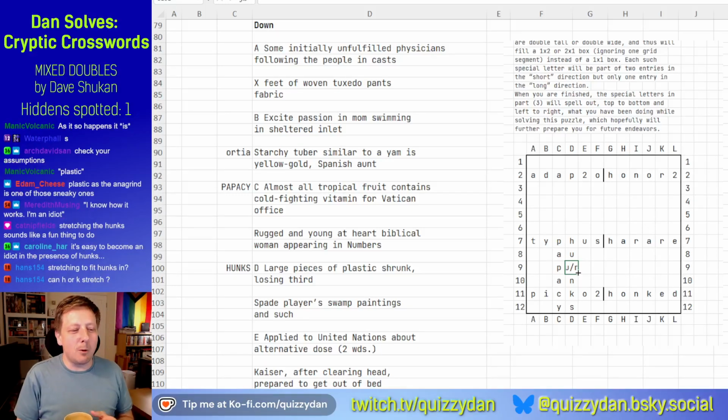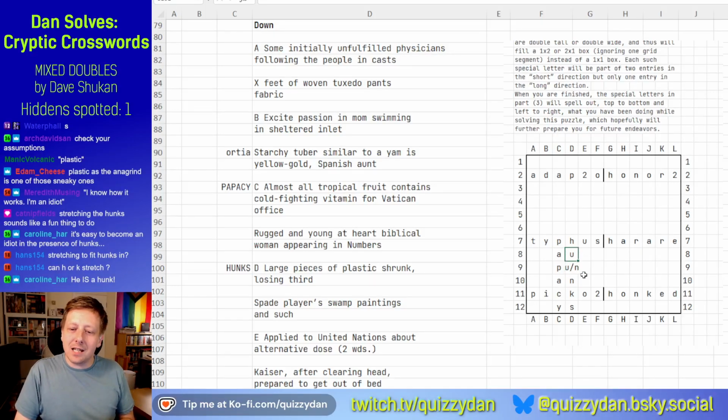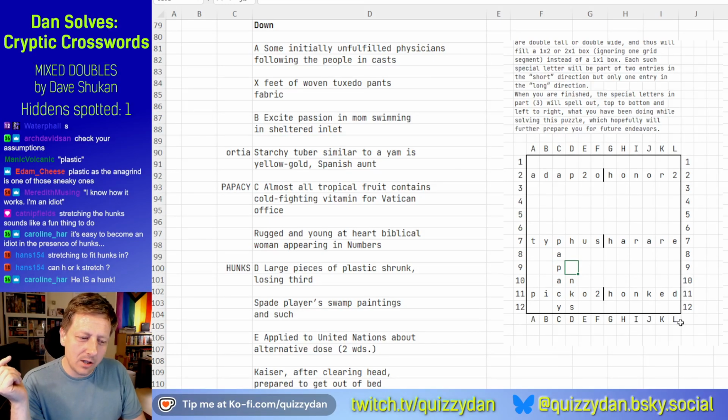Spade players, swamp paintings, and such. I don't think it can. Oh, yes, it can. The H can. That is guaranteed to be an N, but the H can also stretch. Good point. Spade players. So spade is S. Player. Swamp.